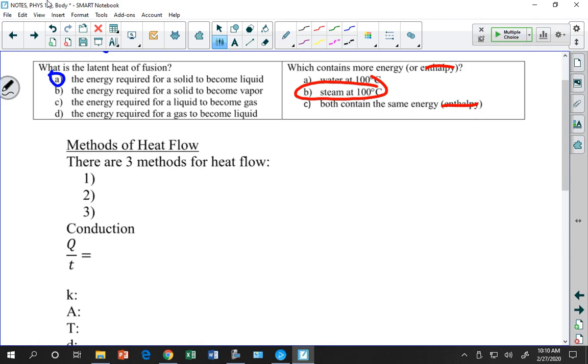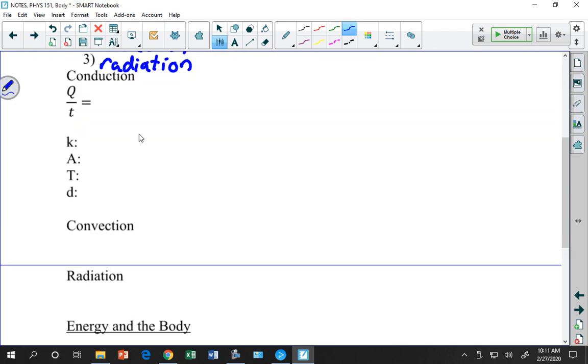Let's look at heat flow. So there are 3 ways for heat flow to occur: conduction, convection, and radiation. I'm going to give you the definitions for convection and radiation first, and then we might come back to convection or conduction.